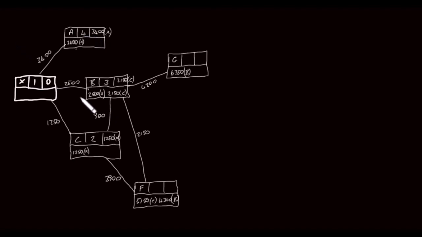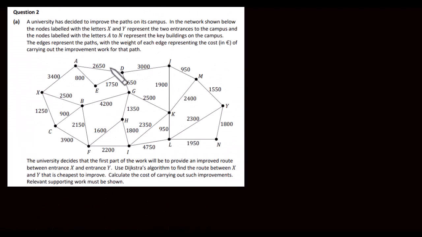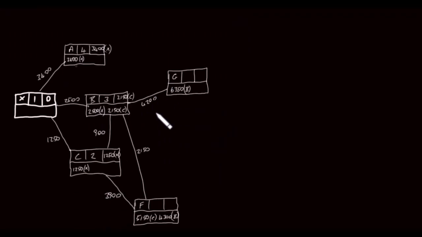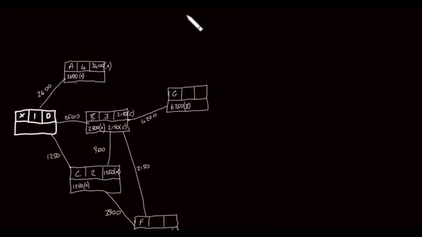Okay, so let's see what A is connected to. A is connected to D and E. So we don't have either of those, so we need to draw those in. So let's do D up here, and let's say we put E here.